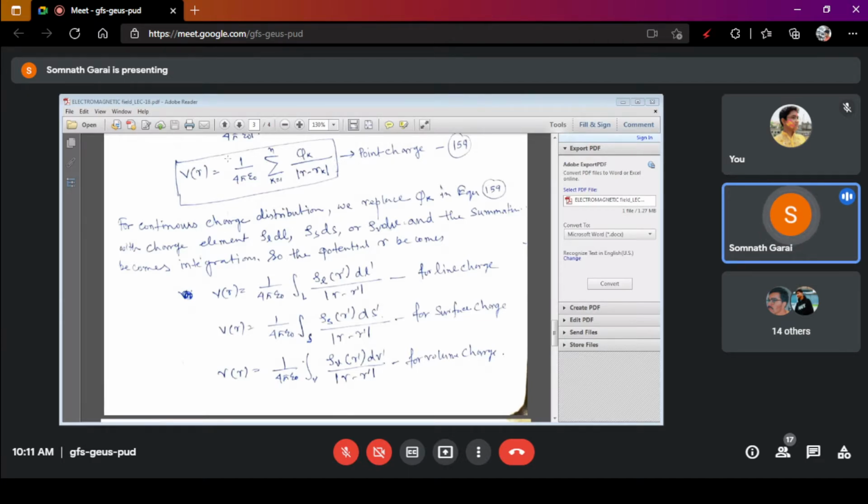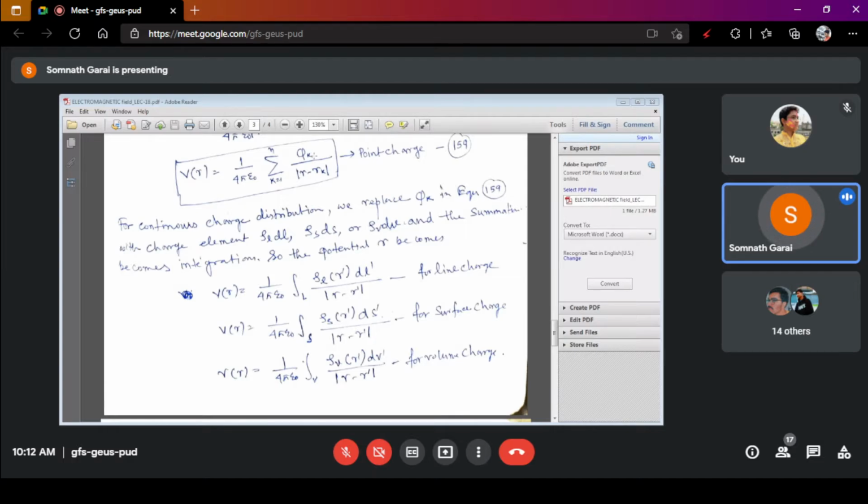But point charge is a discontinuous charge distribution, because these charges q1, q2, q3, q4, up to qn are not situated along a line. This charge is situated haphazardly in the electric field.